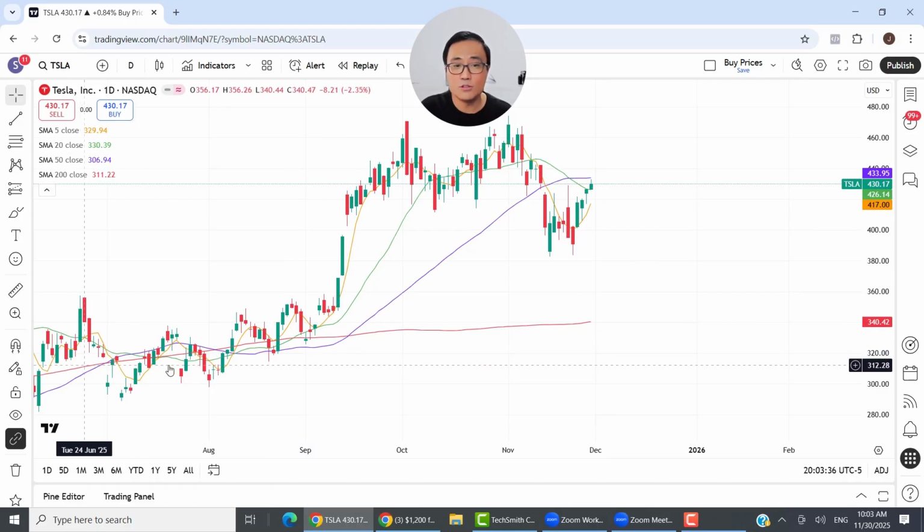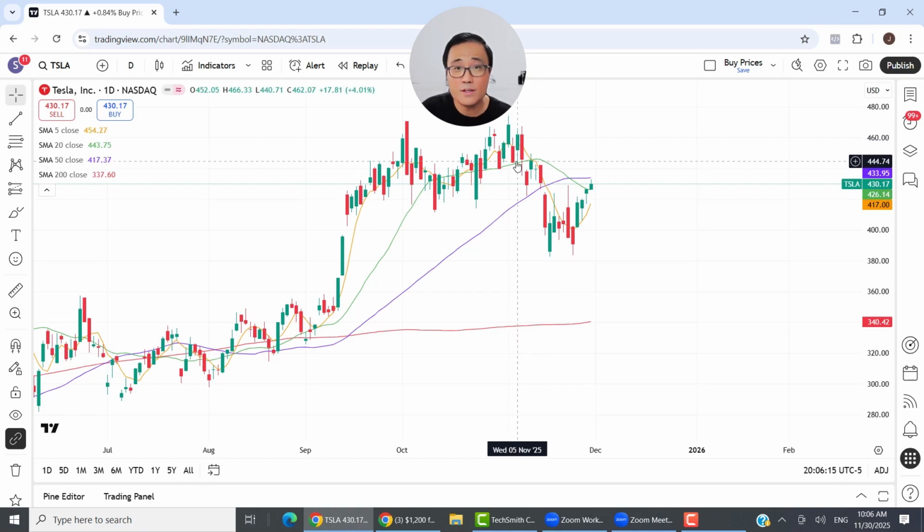And you can see with the 200 moving average, all the prices are above it. So this 200 moving average becomes floor support for all the price action after this period of time, back in August.